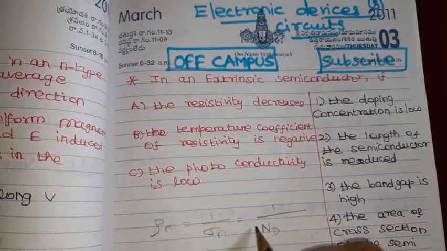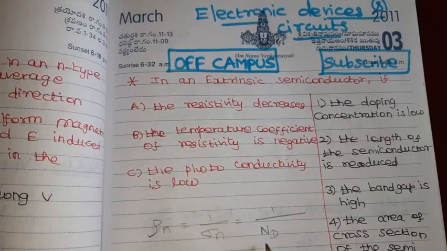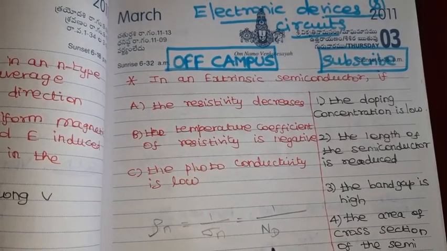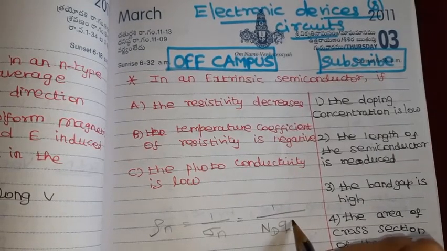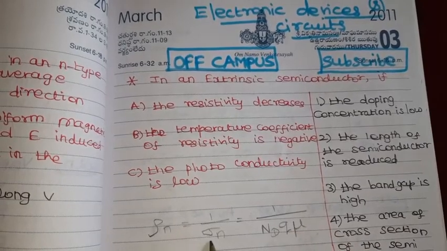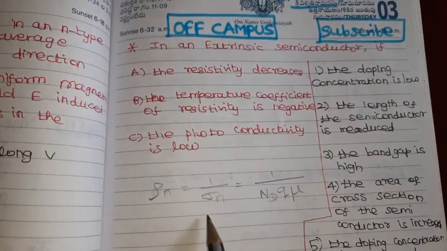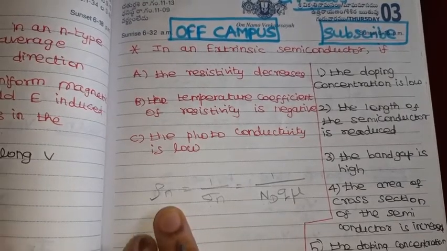Nd is the donor impurity concentration if it is N type; if it is P type, it is the acceptor impurity concentration. So sigma is nothing but the conductivity, Nd q mu.